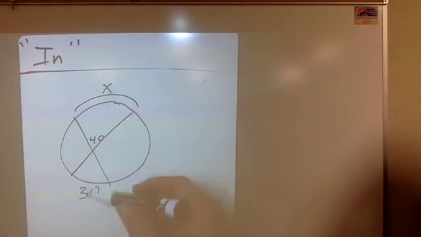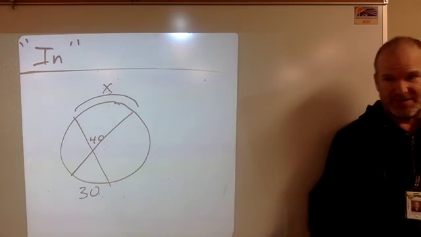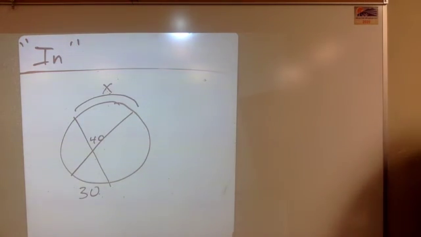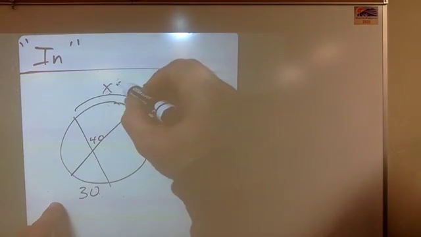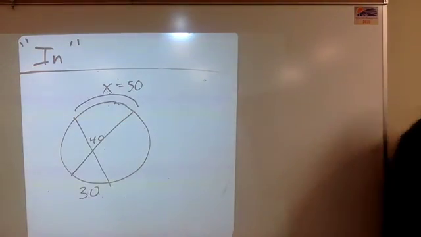Because if you add these two arcs together and divide by 2, you're going to get 40. So what are you going to divide by 2 to get 40? 80. 80 divided by 2 is 40. So this arc must add with 30 to make 80. What adds with 30 to make 80? 50. So that's how you logically think about this and work it through in your head. X is equal to 50.